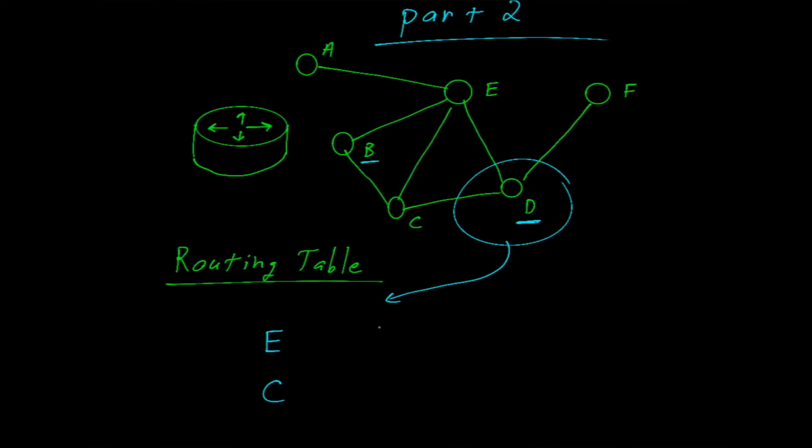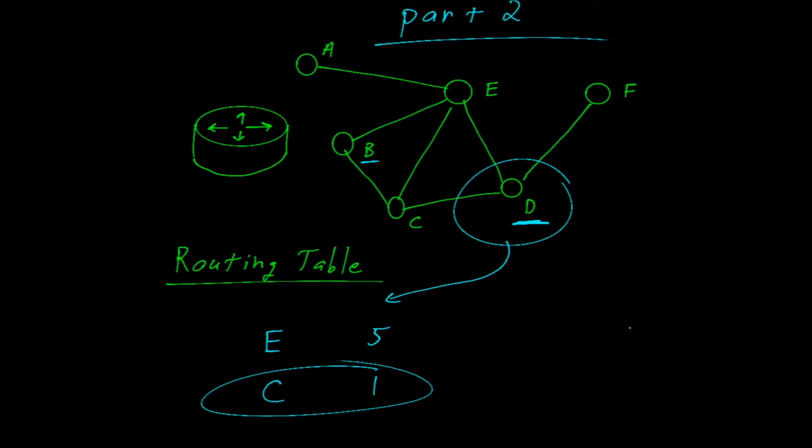That metric for E might be, say, 5, but the metric for C might be 1. Given this choice, the router D will send the message to router C because it has the lowest metric.